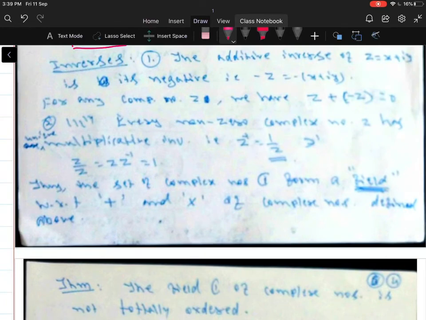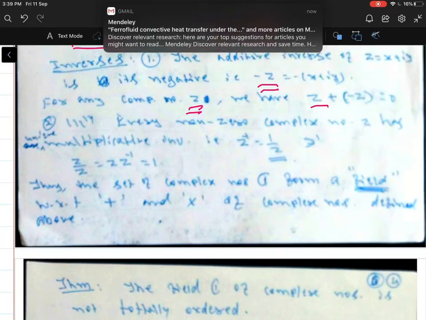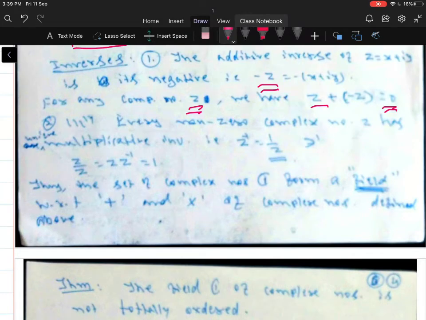Let us define the inverses, additive inverse as well as the multiplicative inverse. The additive inverse of z is its negative, that is minus z. For any complex number z, we have z + (-z) = 0. Therefore, minus z is the additive inverse of z.